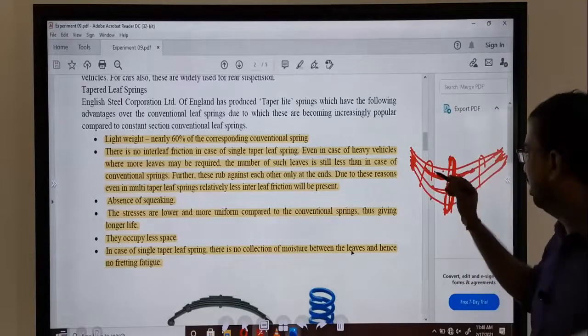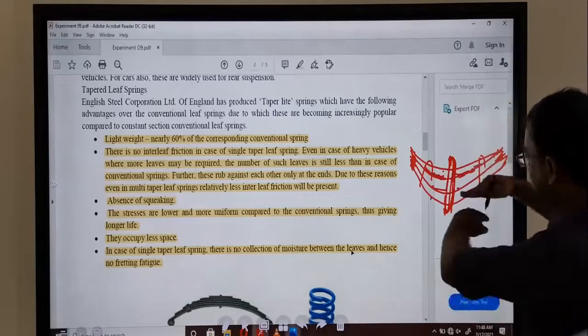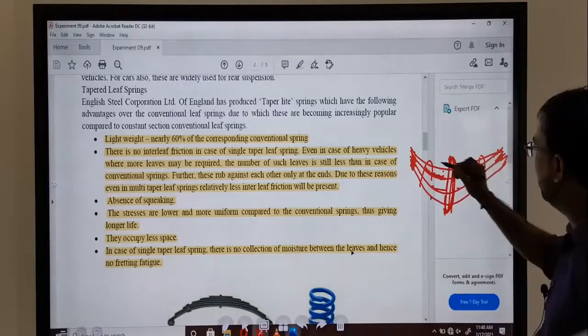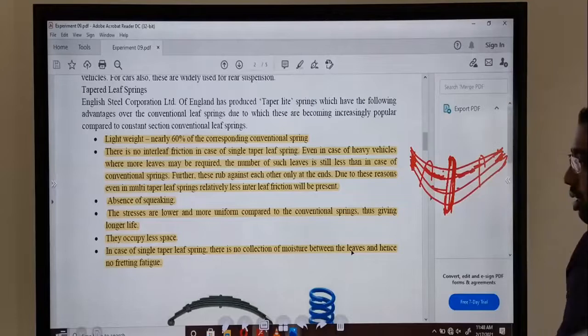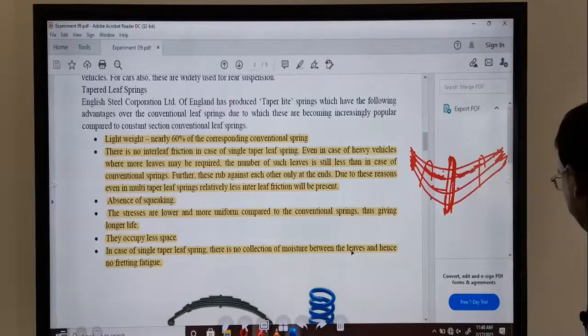The actual thing is that it is highly compressed, so only the ending points have the friction.